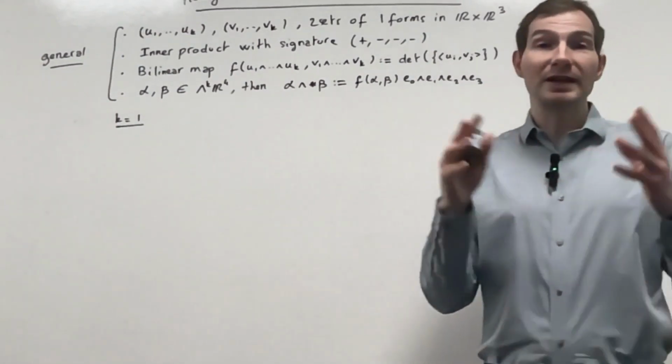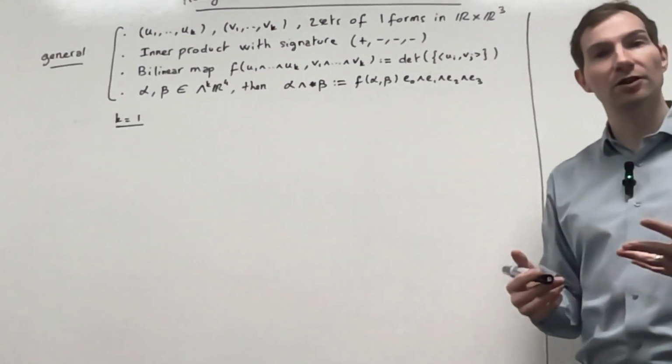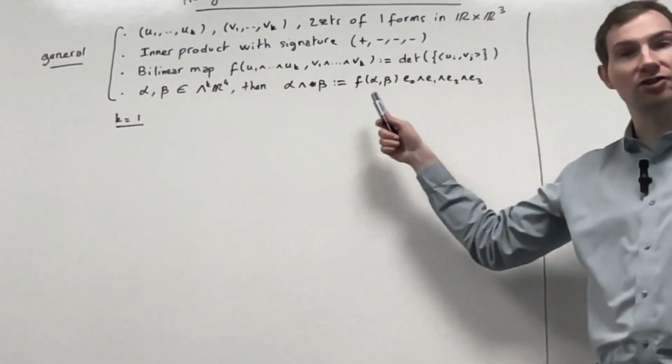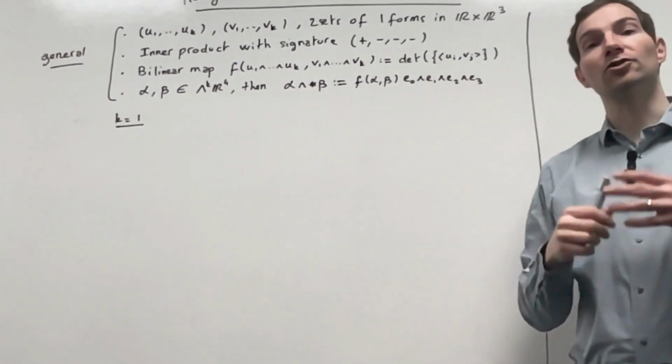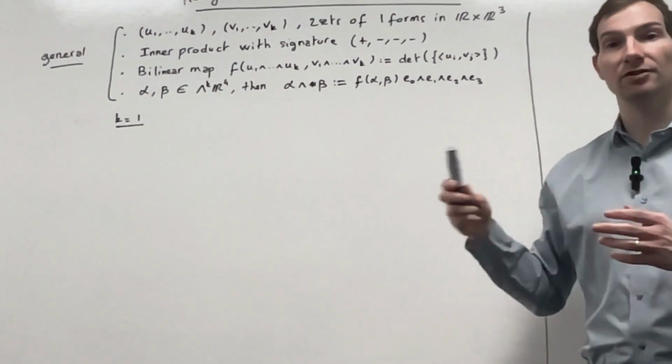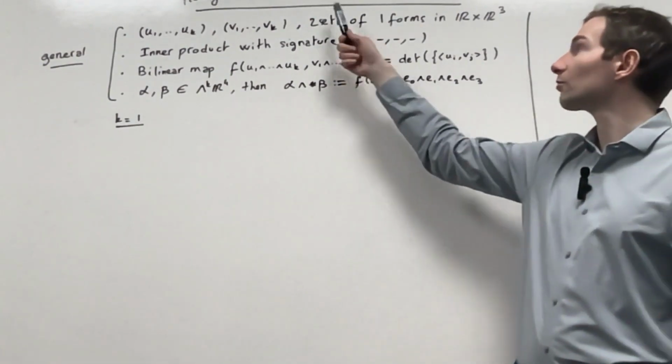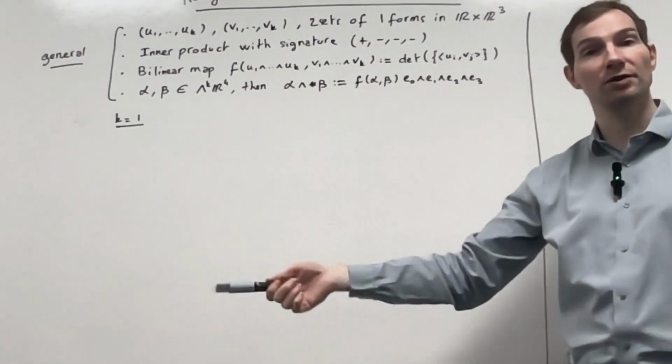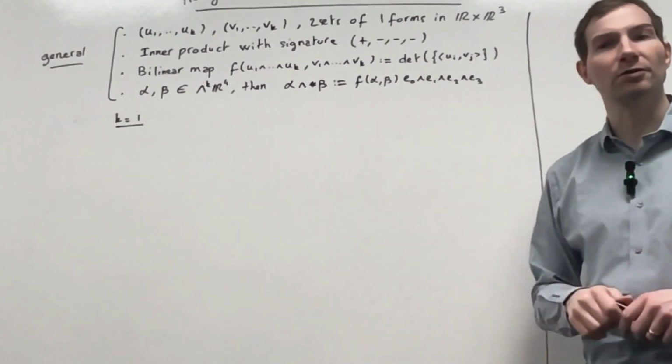Okay, so basically that's it. And so what we are going to do is apply these general definitions to successive forms, one forms, two forms, and three forms. And then I think after that we should be done.